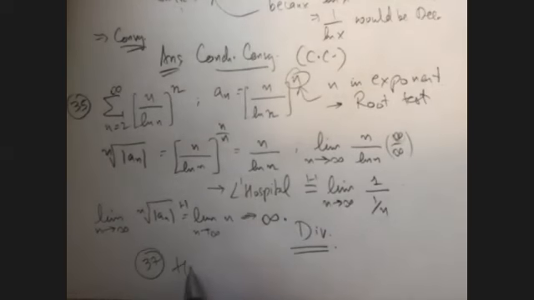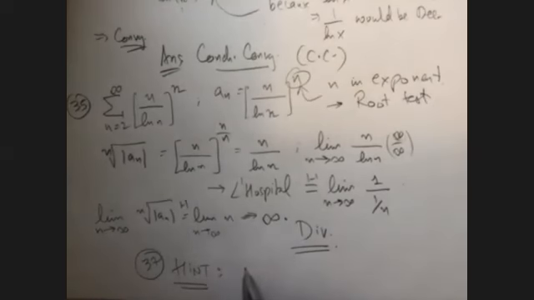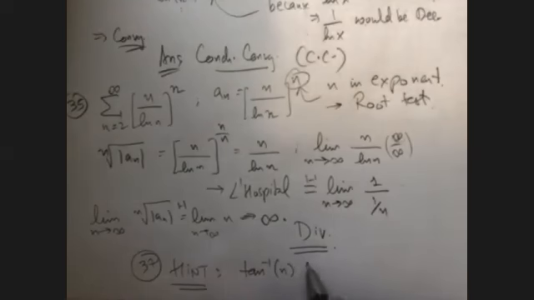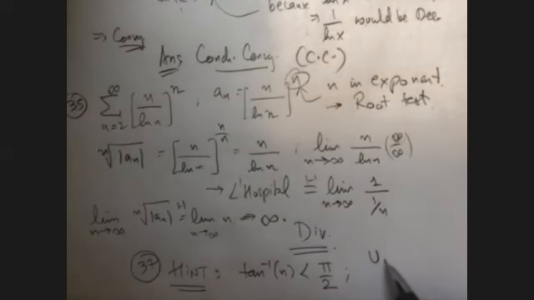So the hint for problem 37 is tan inverse n is less than pi over 2. So now use comparison test.